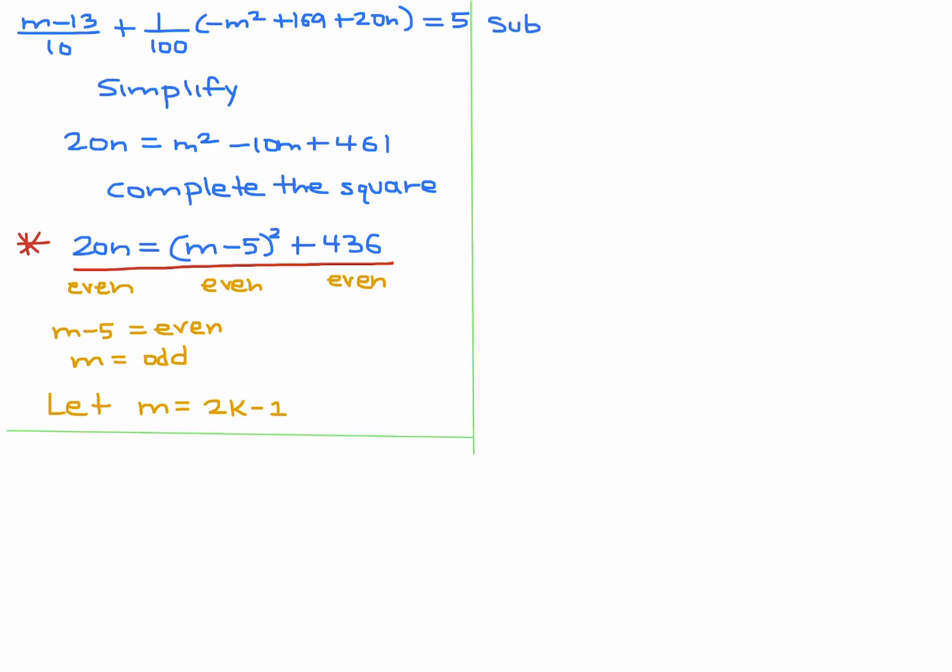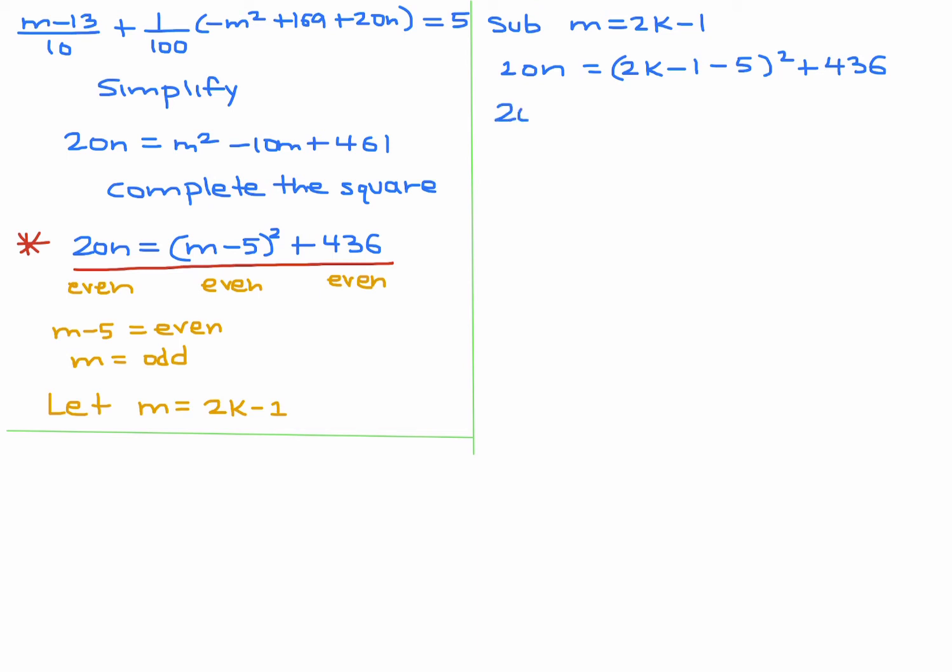All right? So substitute m is equal to 2k minus 1 back into my equation here. So when I do that, I get 20n is equal to (2k minus 1 minus 5) all squared plus 436.